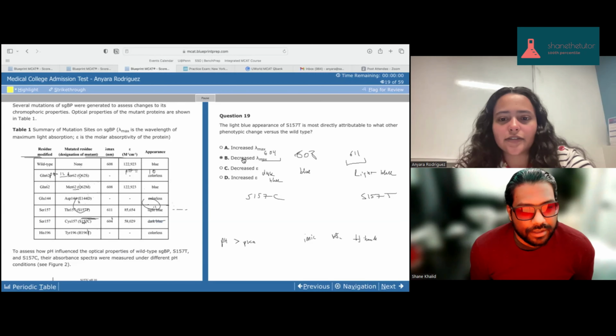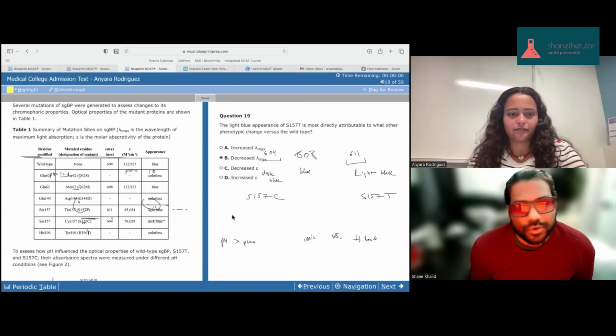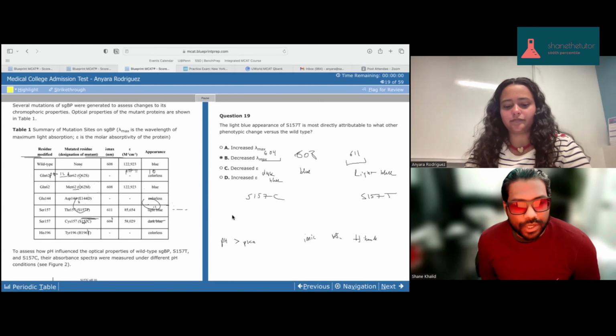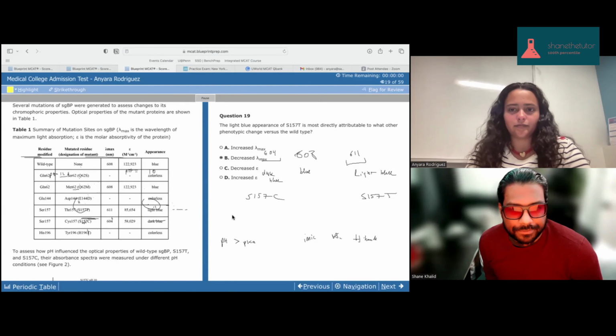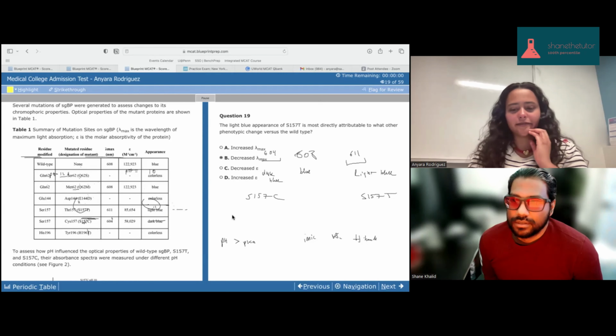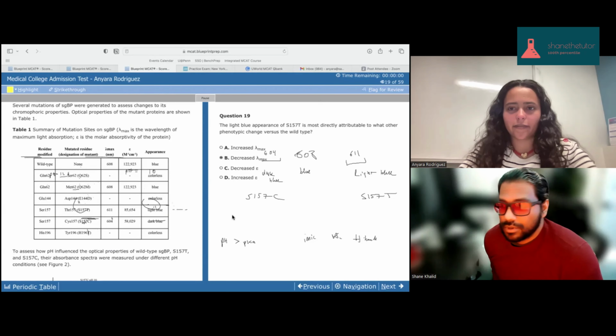We see that the lambda max changes. We also see that the epsilon changes. How do we know which one matters? The other one is random, not following a pattern.